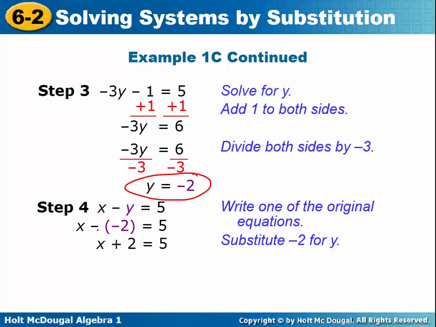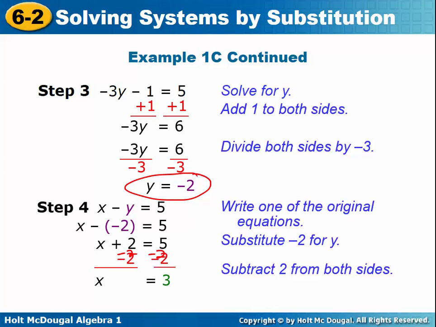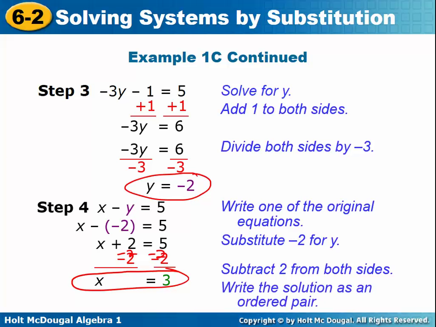So simplify this. When you see minus and negative, simplify that to a positive. So this is the same as x plus 2 equals 5. Subtract 2 from both sides, and we get that x is equal to 3. So now we have both of our variables. All we have to do now is put them together for step 5 and say that our coordinate pair would be 3, negative 2.